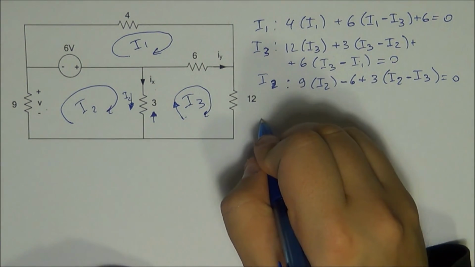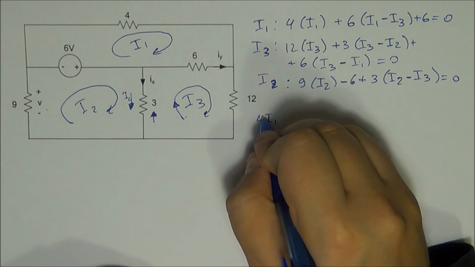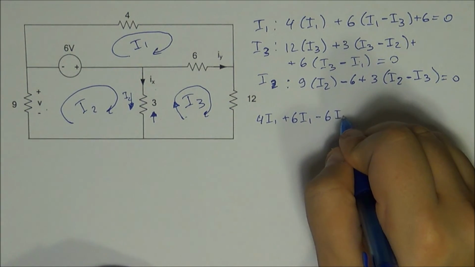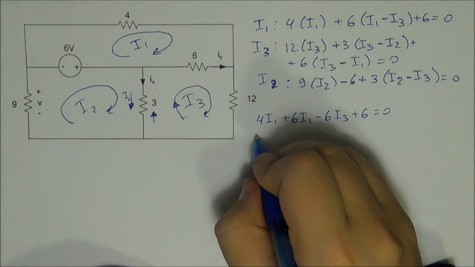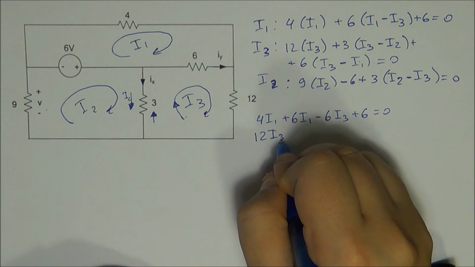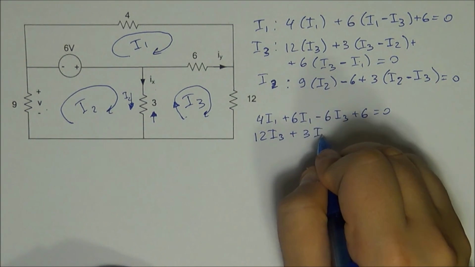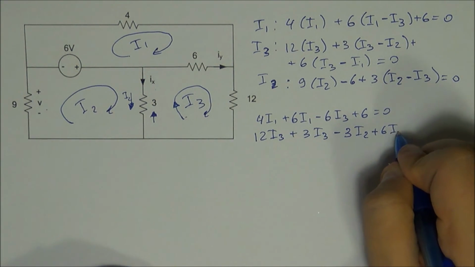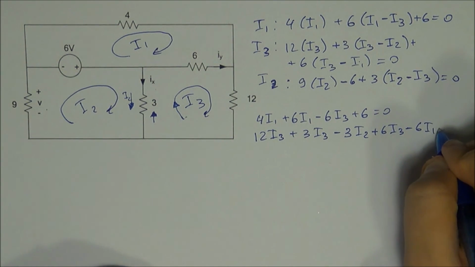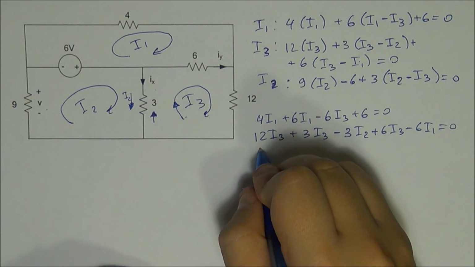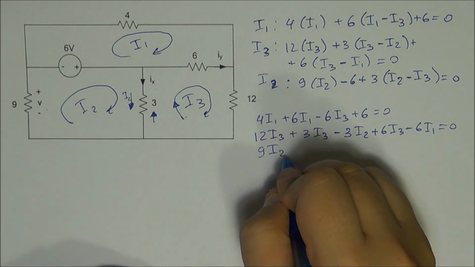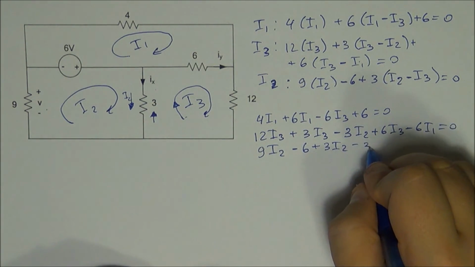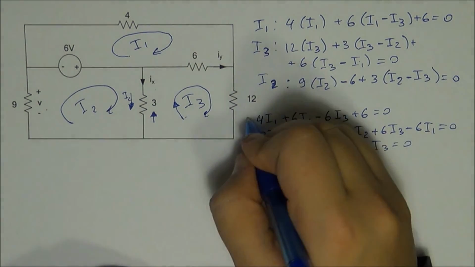Right, so we are left with basically 3 equations, so let's rewrite them. For I1: 4I1 plus 6I1 minus 6I3 plus 6 is equal to 0. 12I3 plus 3I3 minus 3I2 plus 6I3 minus 6I1 is equal to 0. 9I2 minus 6 plus 3I2 minus 3I3 is equal to 0.